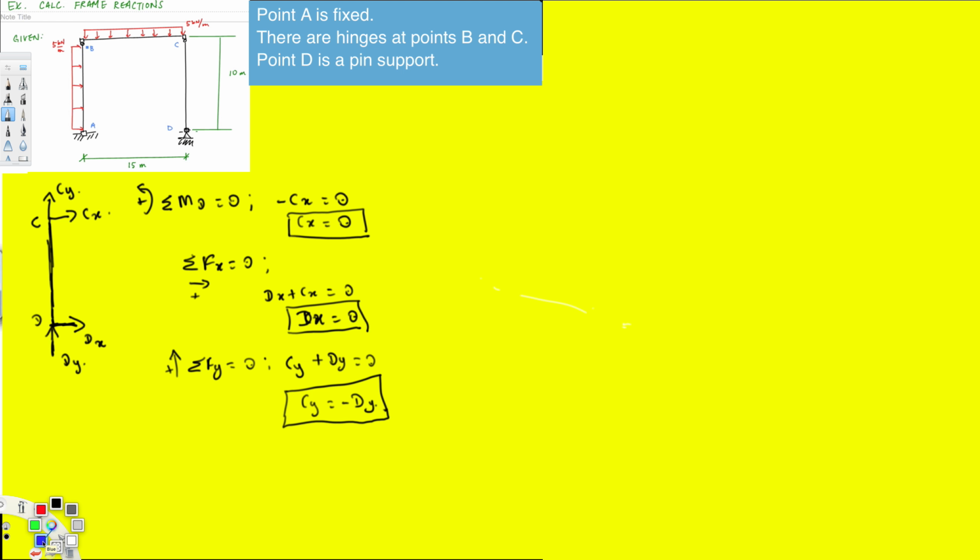Let's take BC. The main thing is when we put the forces. If I put the force in this direction for C here, when I take it for this one, it should be exactly the opposite direction. So that's the condition in frames. We have to maintain the direction, according to Newton's third law. Every action has an equal and opposite reaction.